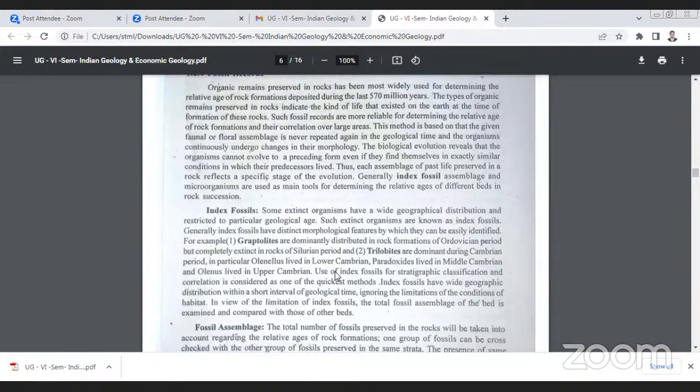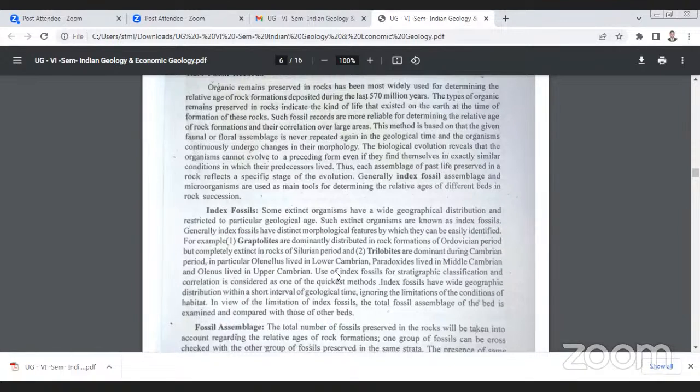That means organisms in the extinct stage were limited to, or lived in, a particular age.